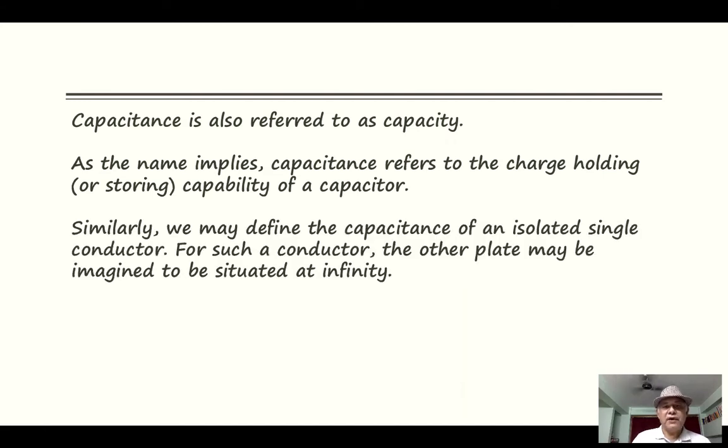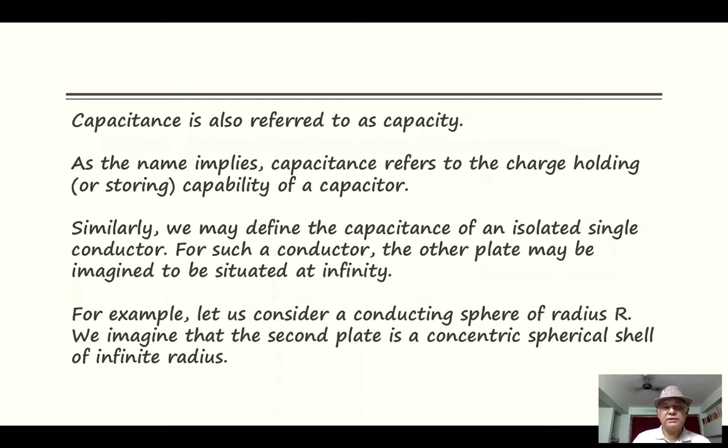Similarly, we may define the capacitance of an isolated single conductor. For such a conductor, the other plate may be imagined to be situated at infinity. For example, let us consider a conducting sphere of radius r. We imagine that the second plate is a concentric spherical shell of infinite radius.